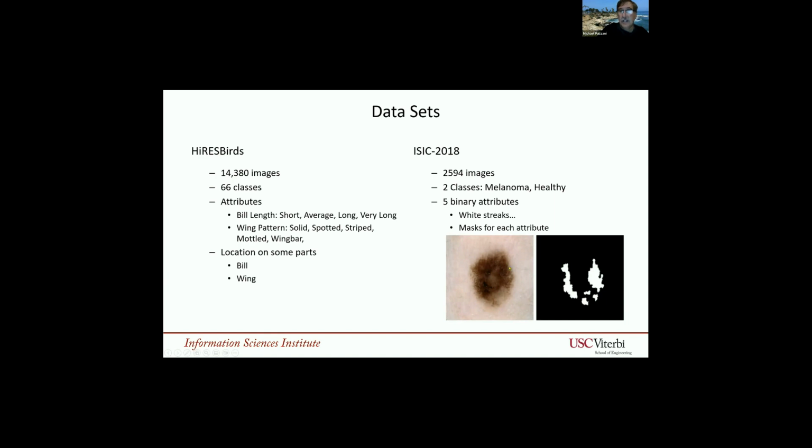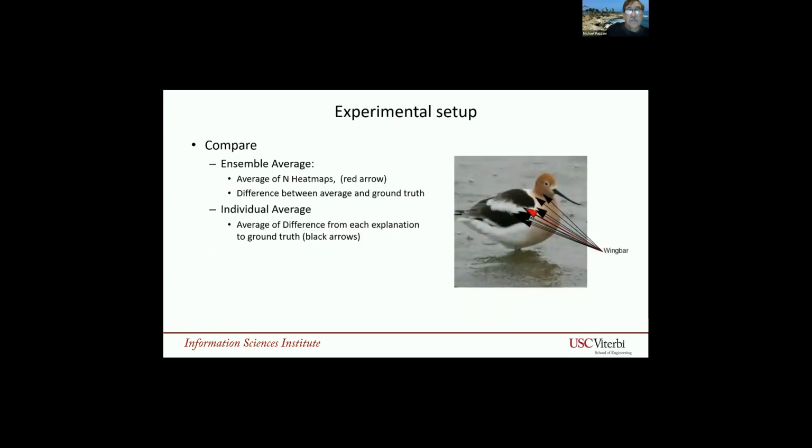So this mask indicates where on the image the border is variable in color. And so what we'd like to do is see how well our explainable AI algorithms can replicate the regions here or identify the wing or the bill when figuring out whether it has a long wing or a spotted bill.